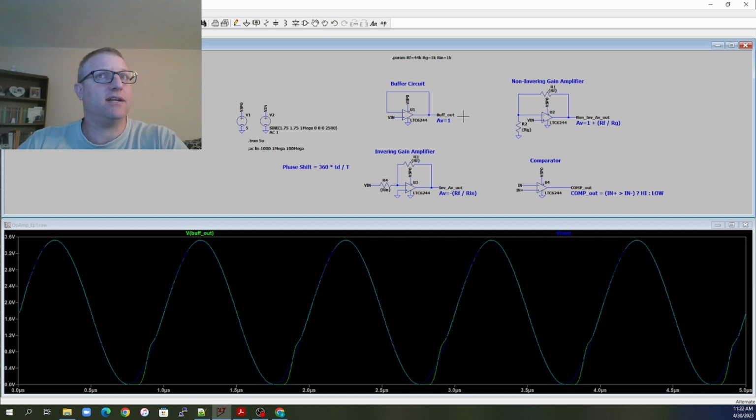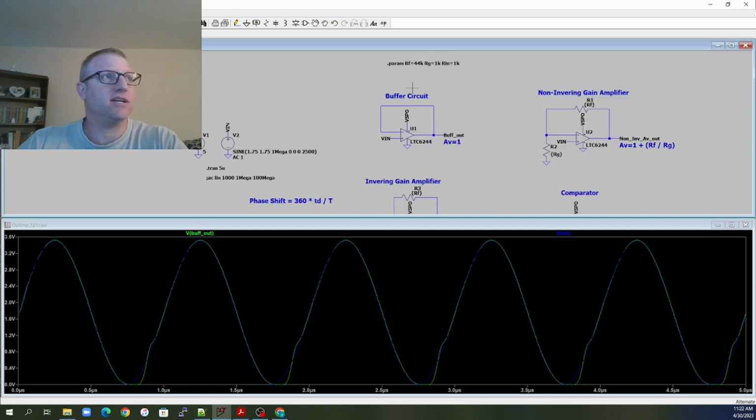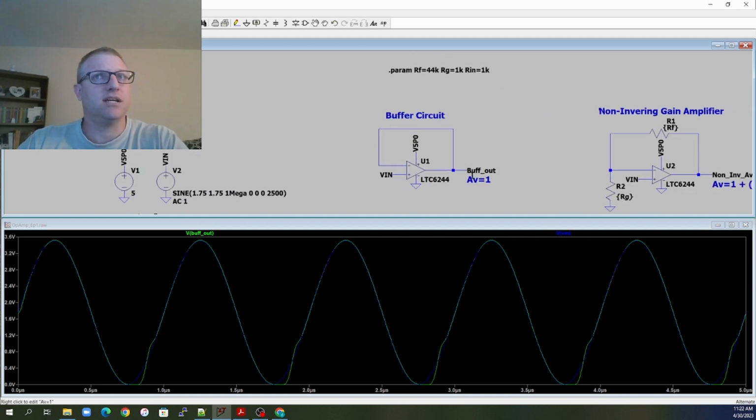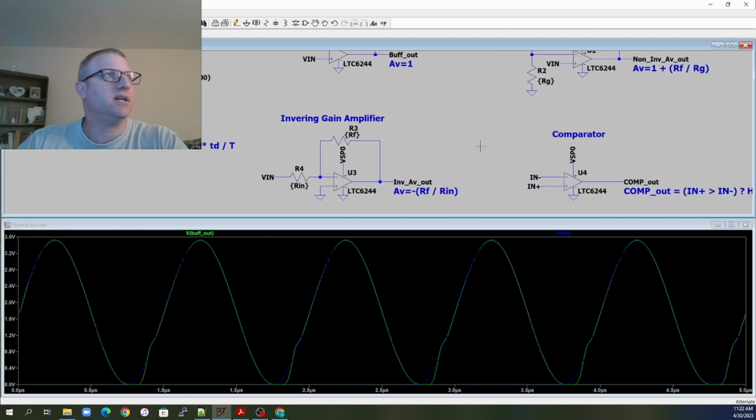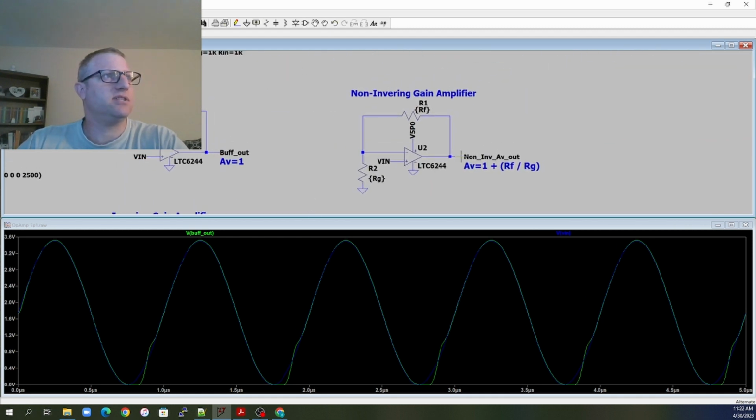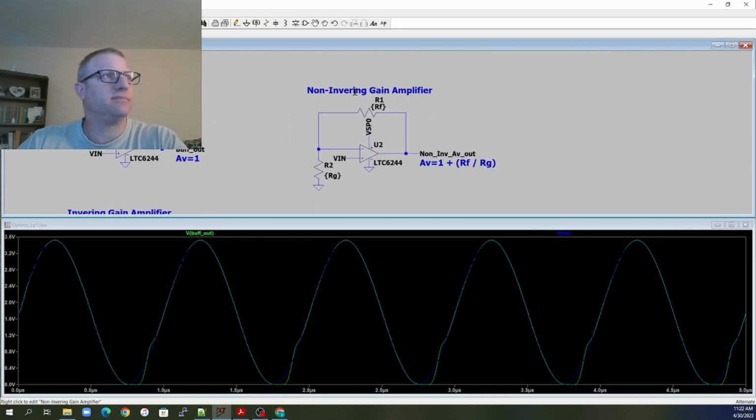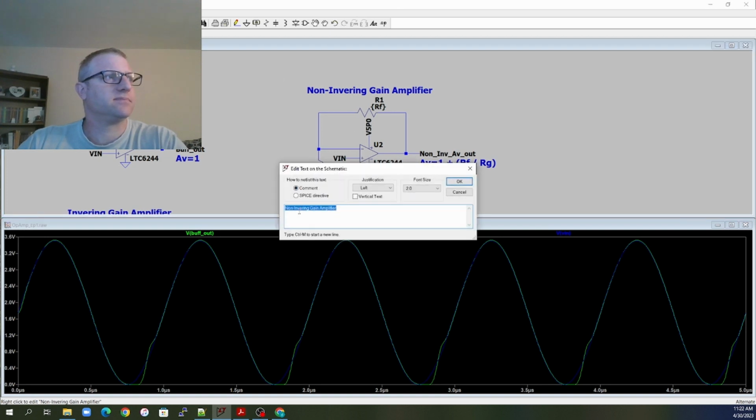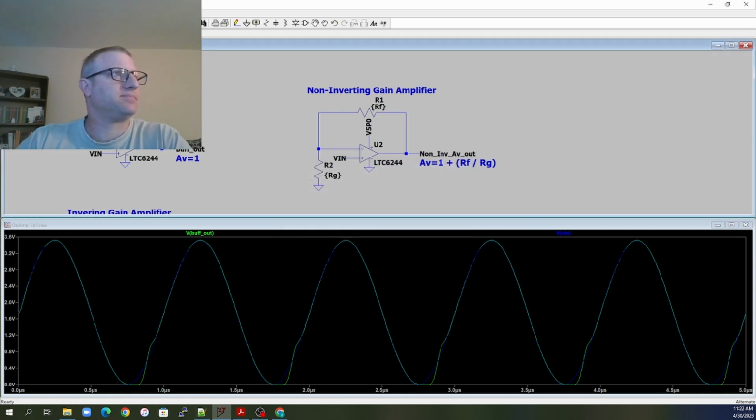So what we're going to go ahead and do is instead of using this buffer circuit, we're going to use the non-inverting gain amplifier.